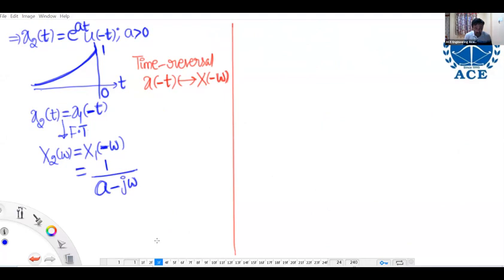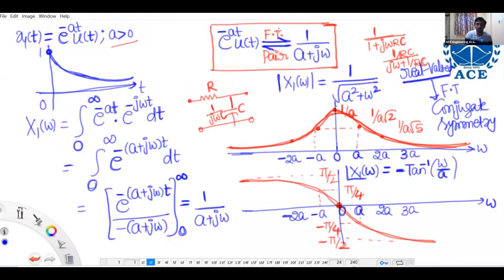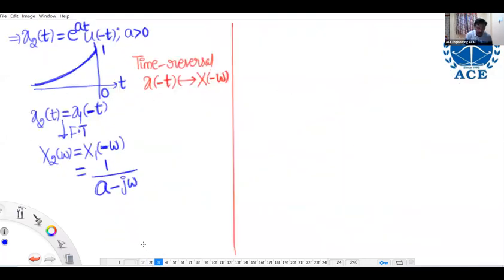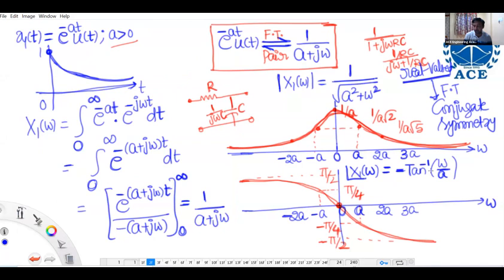The second signal is the folded version of the first signal. So directly in the spectrum, omega is replaced as minus omega. Everyone tell me, sir, now which spectrum changes? Magnitude spectrum or phase spectrum? Magnitude is 1 by root a square plus omega square, or not? But the phase angle now becomes plus tan inverse of omega by a. You will get the opposite way.